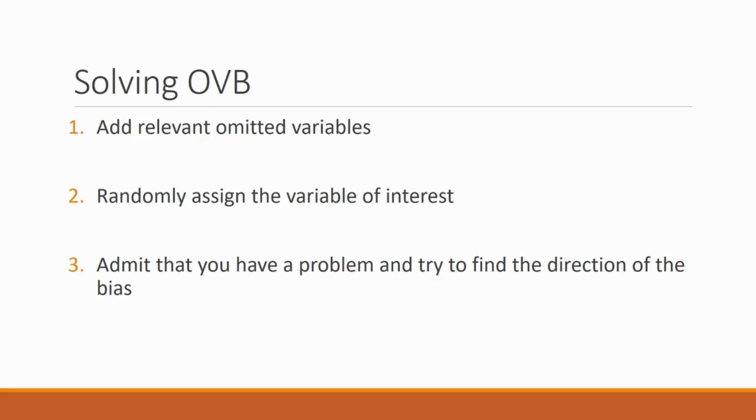The second one, we're going to talk about later in this class, and also if you're taking my other course, I will talk about this a lot, and that is we randomly assign the variable of interest. I'm not going to talk much about that right now.